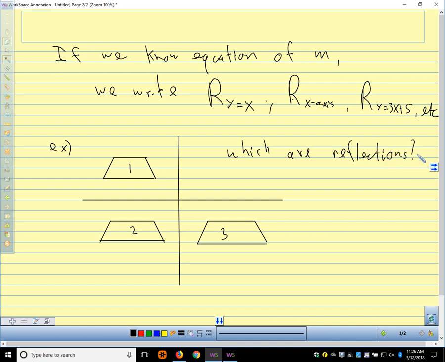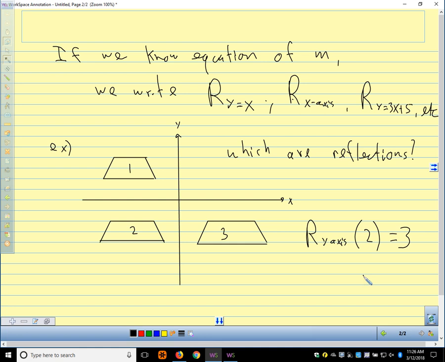So which ones could be reflections? 2 and 3 could be reflections. What would be the mirror line there? The y-axis. So we'd say the reflection across the y-axis of 2 equals 3, if we use our imagination and see my pictures are beautiful.